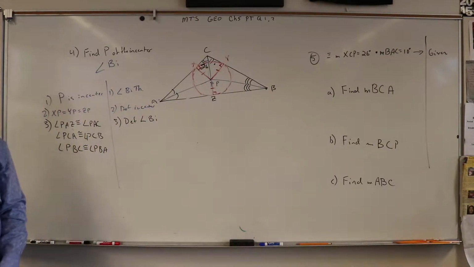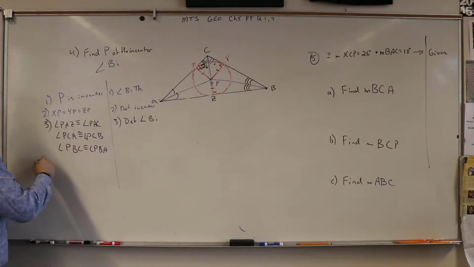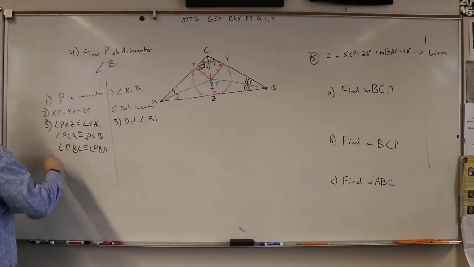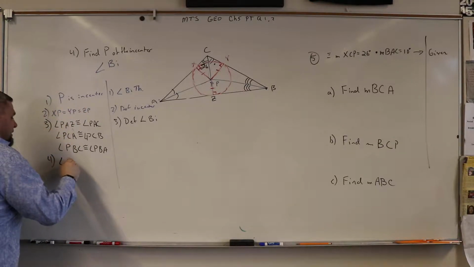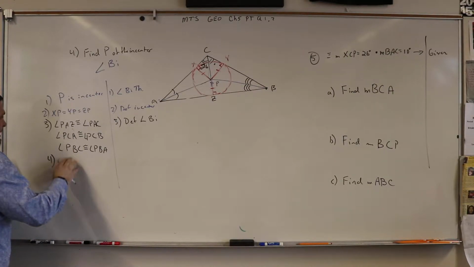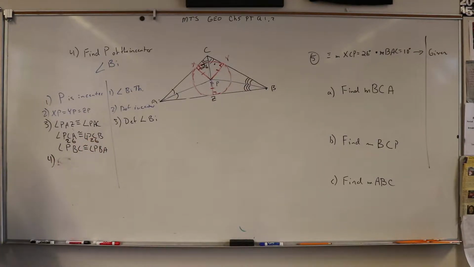So if XCP is 26, then PCA is 26. So if this is 26, then this is 26. Does that make sense?